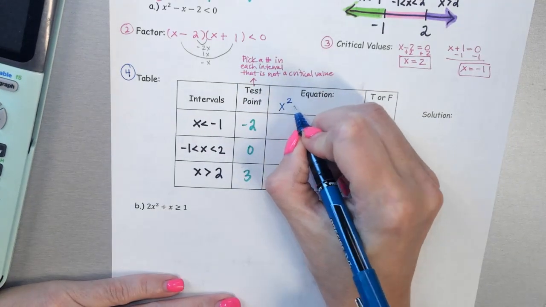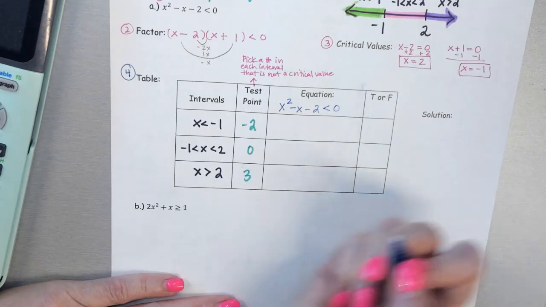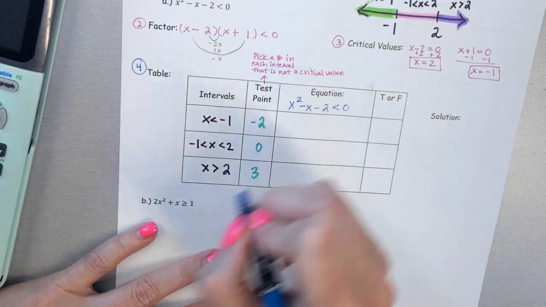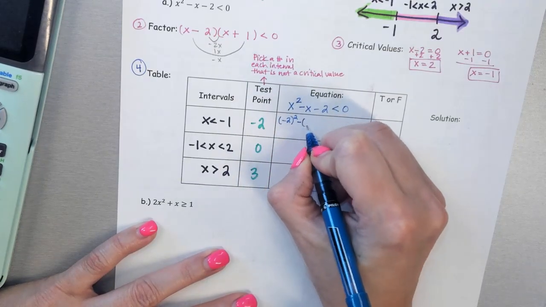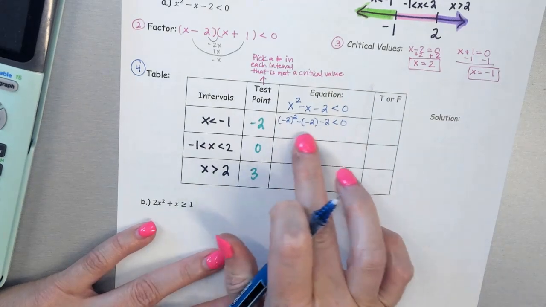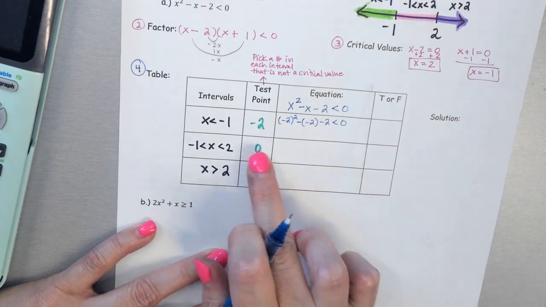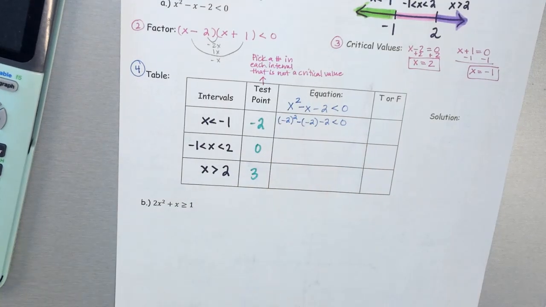This is a really good time to practice those mental math skills to see if we can do this. So when you're substituting this in, it's -2 squared minus -2 minus 2. Okay, so I want you to evaluate that. And then I want you to plug in 0, find that, plug in 3, find that inequality. Okay, so we're doing that without our calculator.